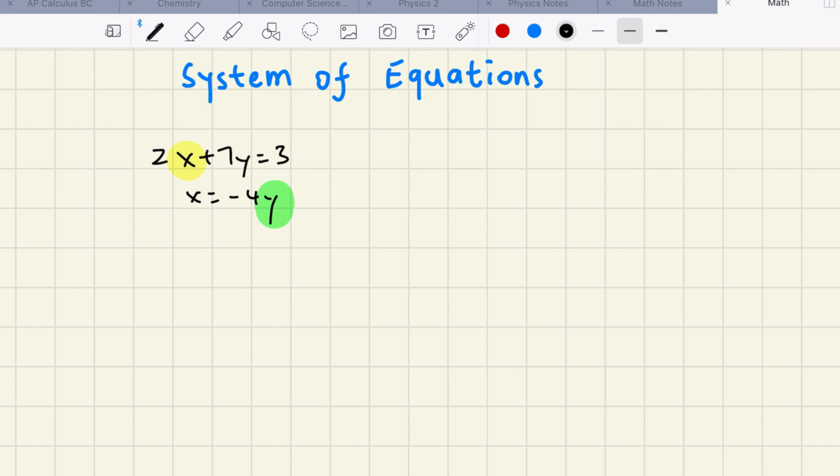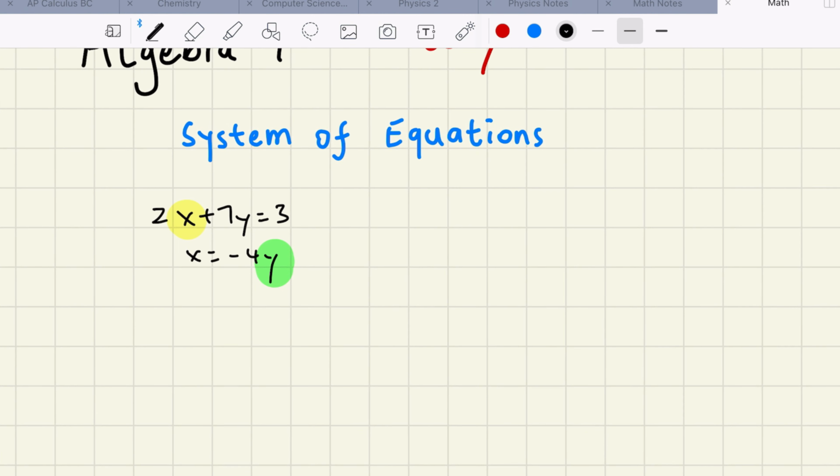For a system to have a unique solution, the number of equations must equal the number of unknowns. There are two unknowns here, x and y, so you need at least two equations to be able to solve them. And if there were three unknowns, like another variable z, you would need three equations in total to solve them.